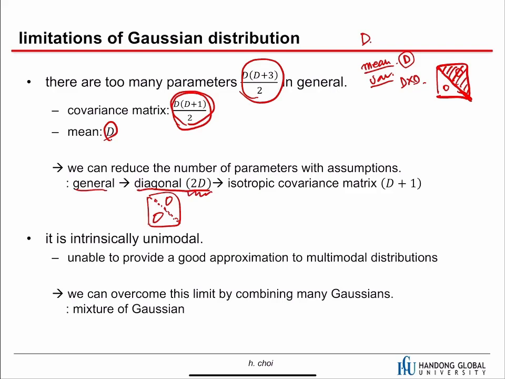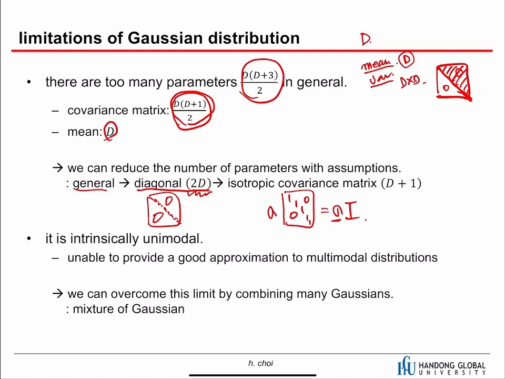But if it is still too many parameters, then we can reduce one more time. Instead of having different variances on the diagonal elements, we can have the same value, like this. So this matrix is actually the identity matrix, but with a different scale, sigma.